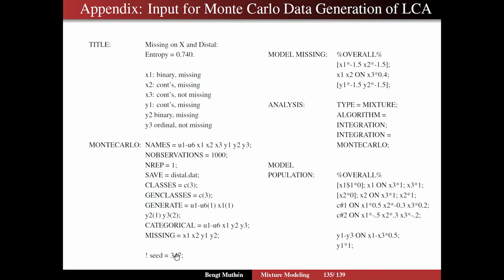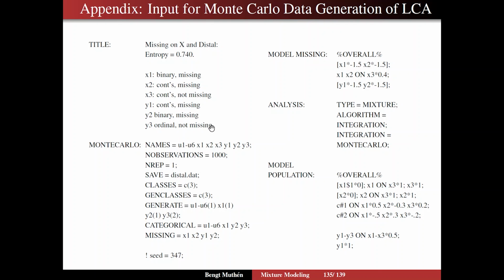So slides 135 and 136 show you the input for Monte Carlo generation of our LCA data, where we create and save the distal.dat. Here's a list of variable specifications: x1 binary with missing, x2 continuous missing, x3 continuous not missing, y1 continuous missing, y2 binary missing, y3 ordinal not missing.